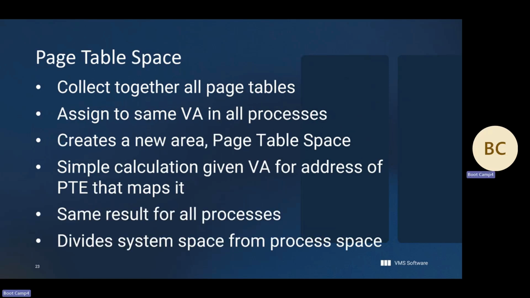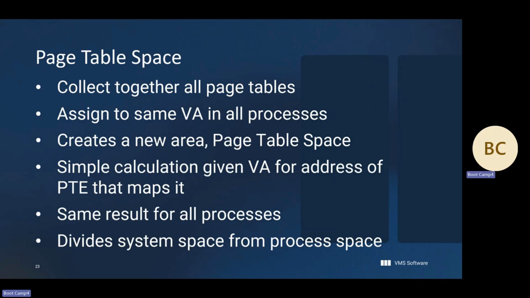But now, page table space. In the VAX, each process had a page table register and a base and a length that could be anywhere within system space. Page table space collects together all of the page tables into one contiguous, virtually contiguous region.